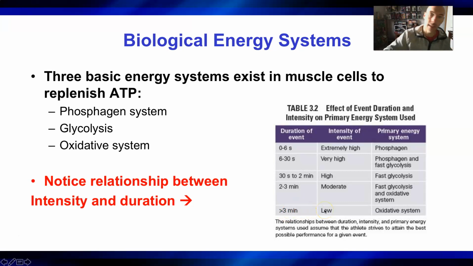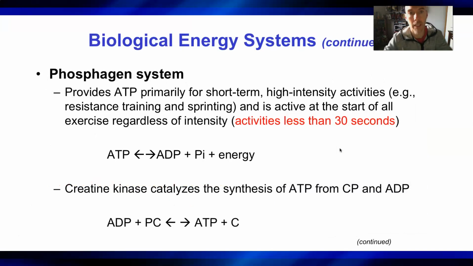So that's another overall guiding principle that should guide your creation of training programs and working with athletes: there is an inverse relationship between the duration and the intensity of the activity. So athletes who participate in short duration activities would need very high intensity activities to train them to prepare for their sport. All right, let's move on.